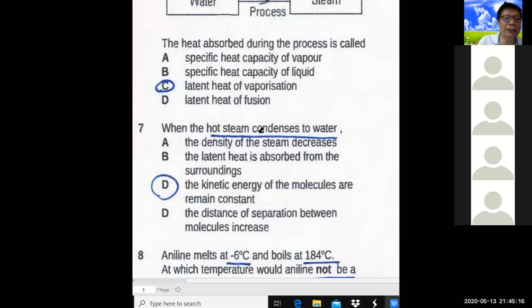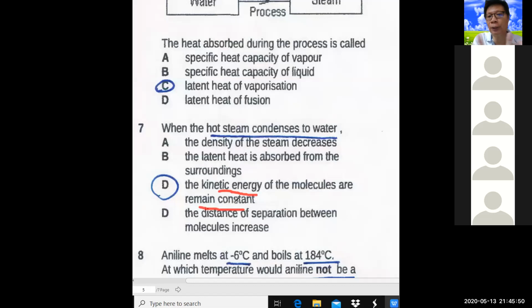But during the process of condensation, when steam changes to water, the temperature remains the same. When involving latent heat, the temperature never changes, which means the kinetic energy remains constant.